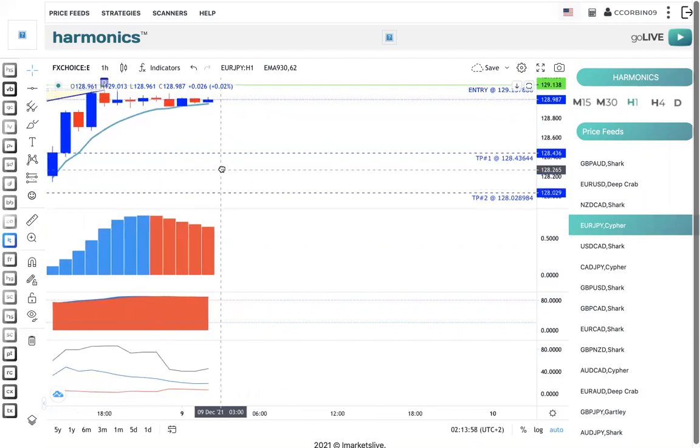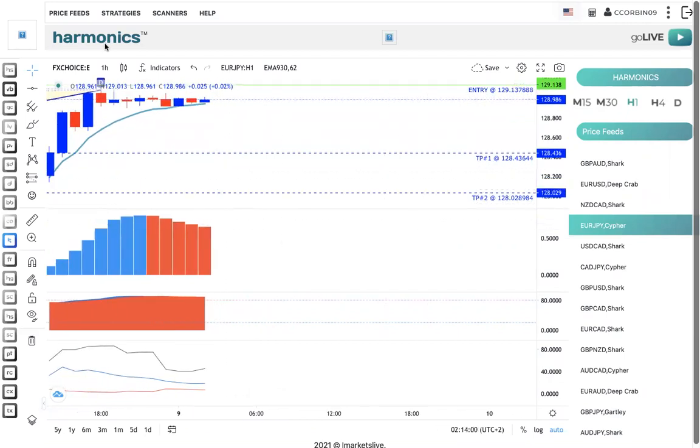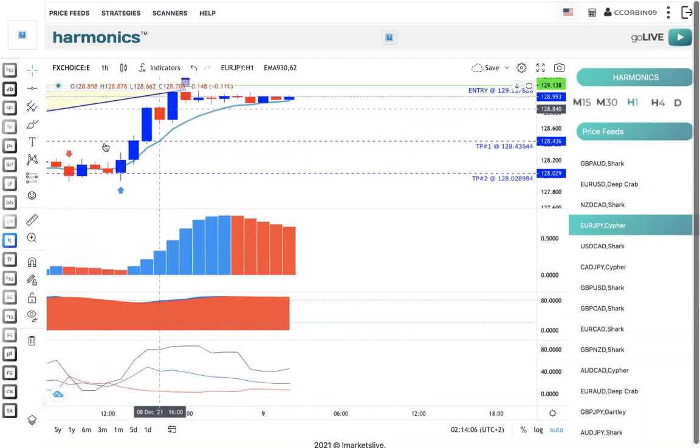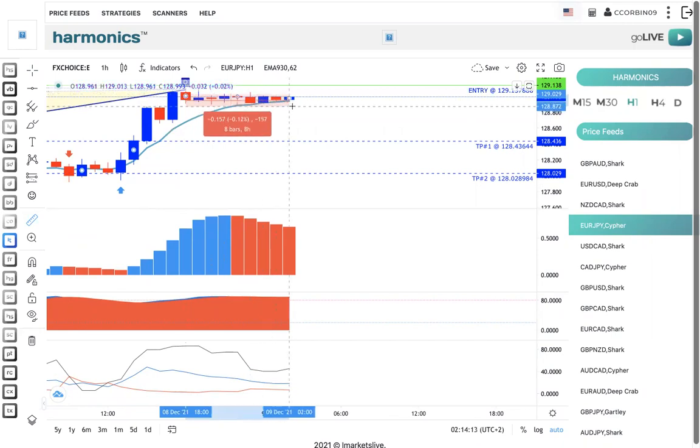Let's see. Nope. And we can literally see the market has been consolidating for hours. It's been consolidating for hours. So they're saying it's going to come back here. Yeah, that just doesn't seem worth it to me.